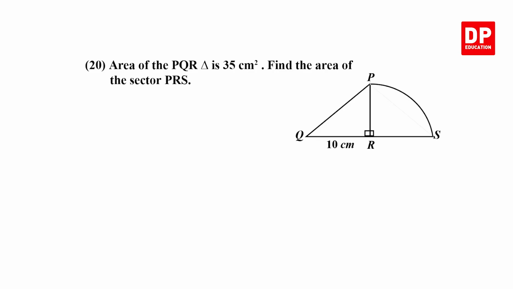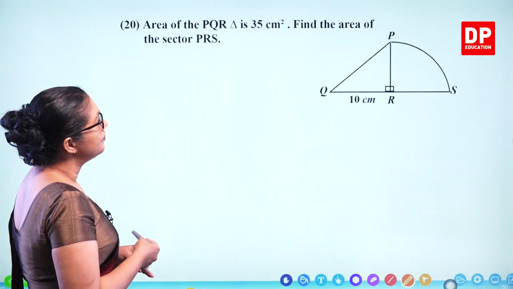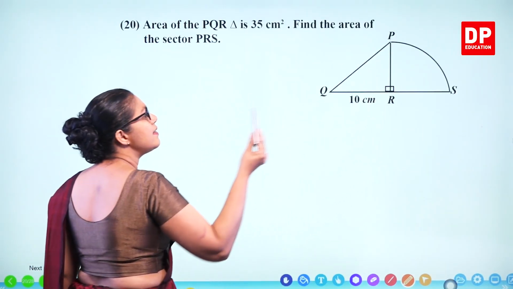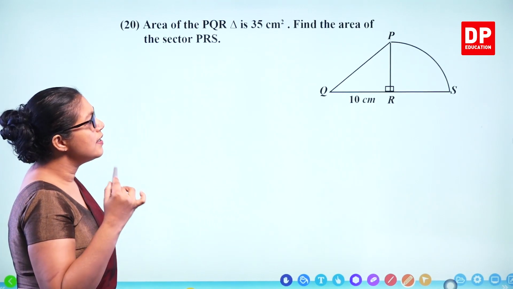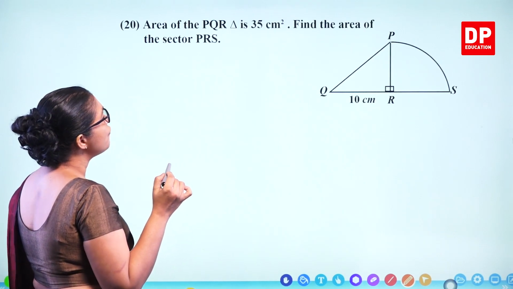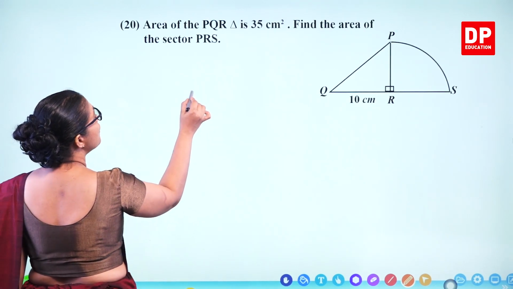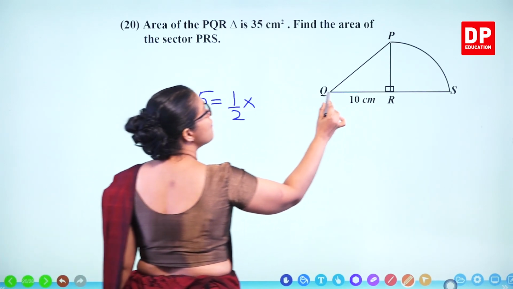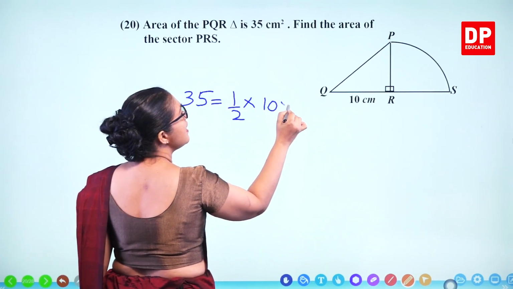Question number 20. Area of PQR triangle is 35 square centimeters. Find the area of the sector PRS. So you need to find out this height PR. Then that becomes the radius of the quarter of a circle. So area of the PQR triangle. So 35 is equal to half times, if this is the base, that's 10.